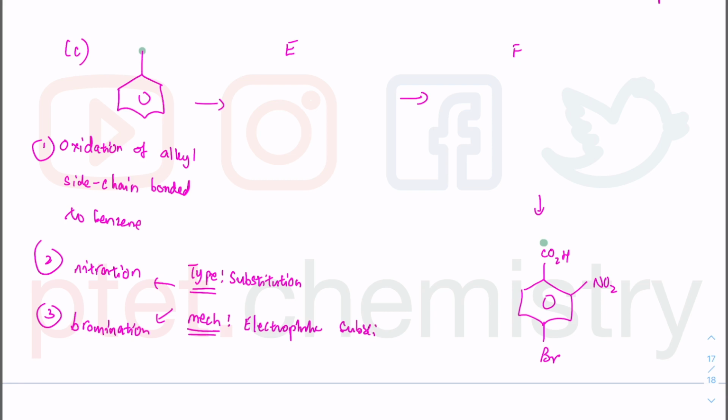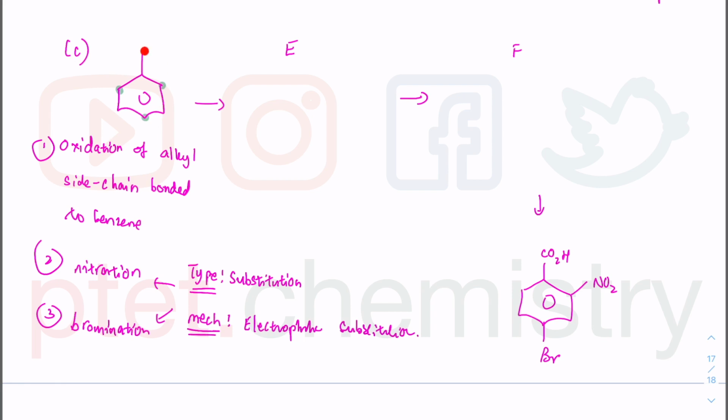Okay, so in this question, the key is really the order of doing things. Do I want to oxidize first, or do I want to nitrate first, or do I want to brominate first? That's the important question. If you look carefully, the CH3 group directs substitution to position 2, 4, and 6, and this is given in the data booklet, which group directs on which position.